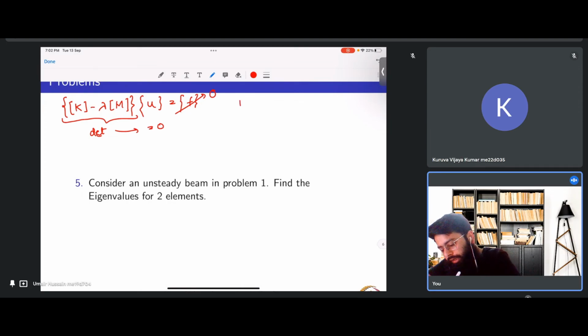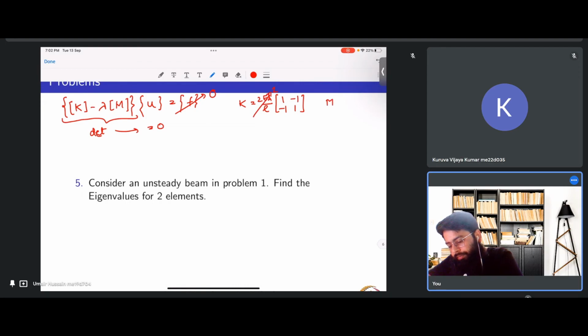So K is simple. What we got there is, I think this part was 1. Here we have EA by L by 2, so we got 2 EA by L. I'll just consider this thing as 1, so there won't be any trouble.